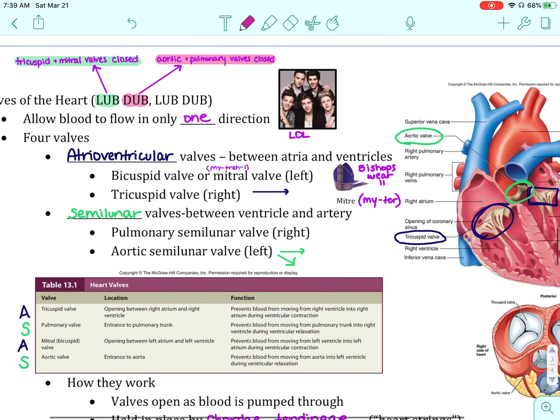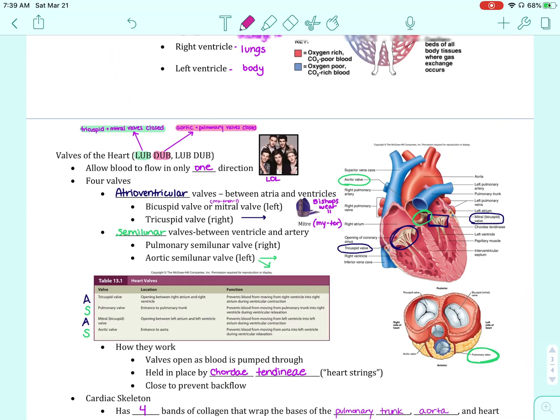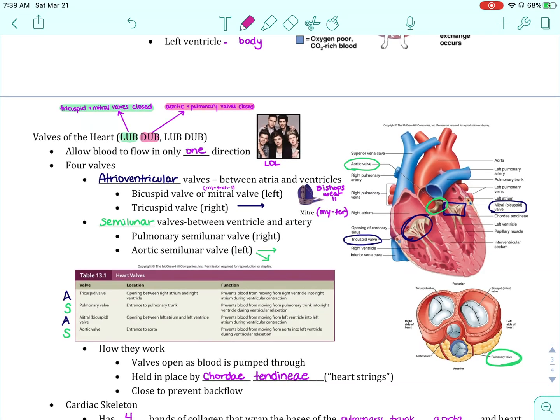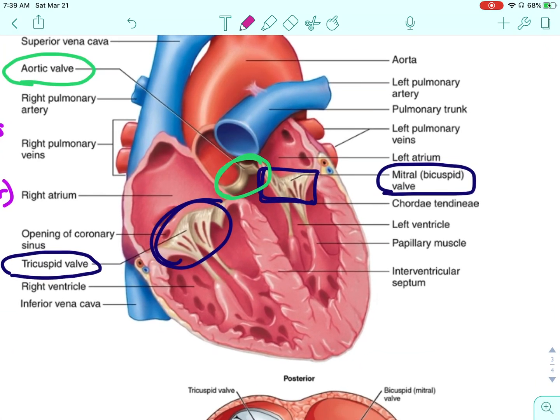Okay. So there's four valves. They're classified into two types, the atrioventricular valves or the semilunar valves, depending on what purpose they serve. So the atrioventricular valves are between the atria and the ventricles. So I went ahead and circled those in this dark blue color.